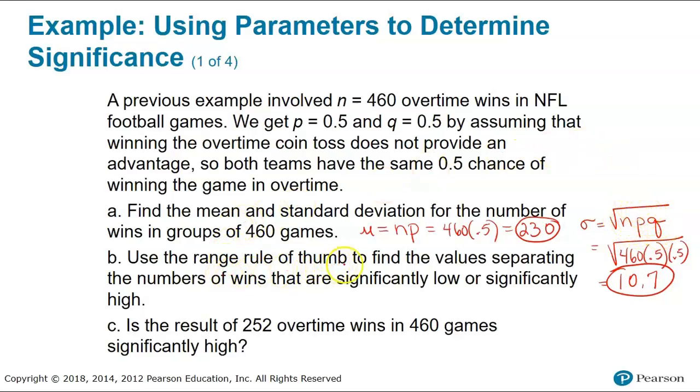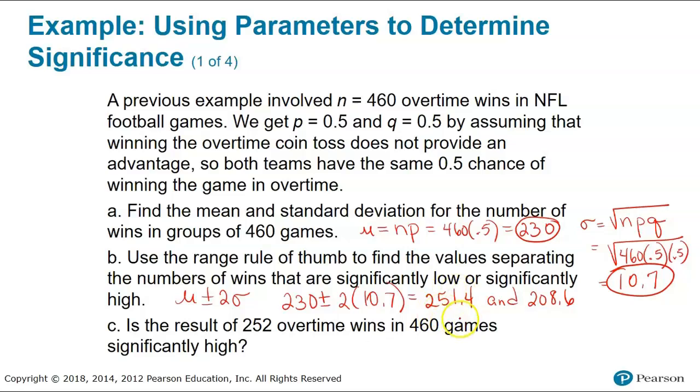Now use the range rule of thumb to find the values separating the number of wins that are significantly low or significantly high. That's the mean plus or minus 2 standard deviations, so 230 plus or minus 2 times 10.7. The plus case gives 251.4, and the minus case gives 208.6.